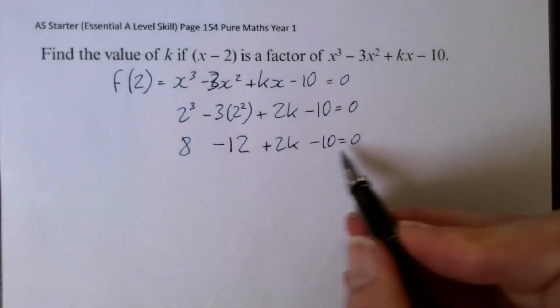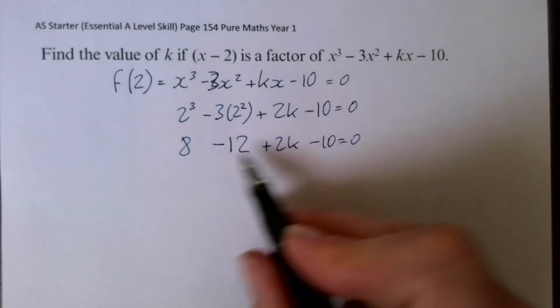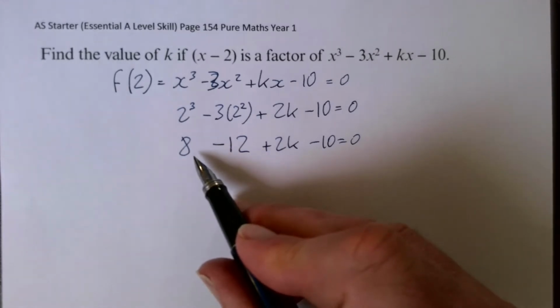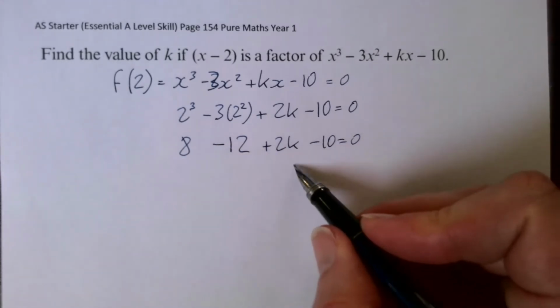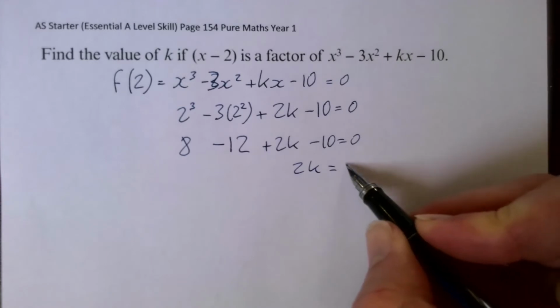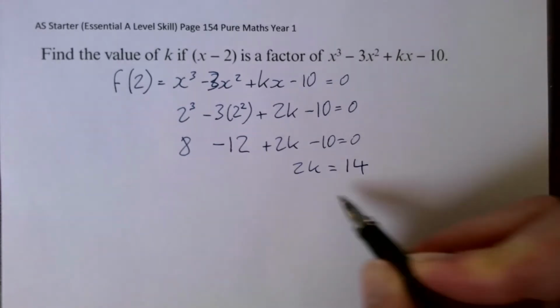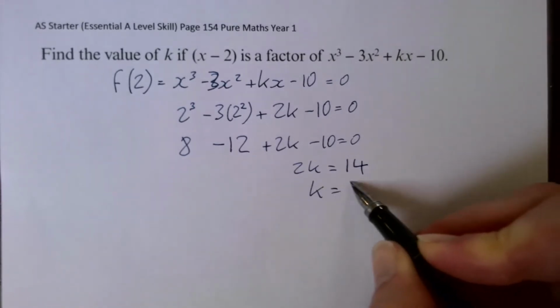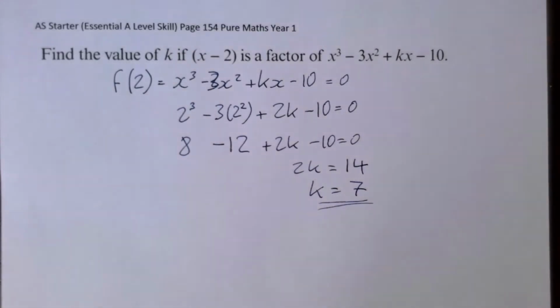Now if I move all these numbers across to the other side, I've got negative 22 plus 8 is negative 14. So if I add that to the other side and then divide by 2, k must equal 7. Right, that should be very useful.